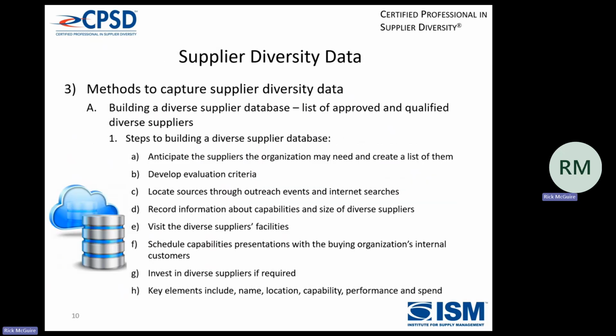Methods to capture supplier diversity data: building a diverse supplier database, a list of approved and qualified diverse suppliers, or you can just set a flag in your ERP database that you can sort on.